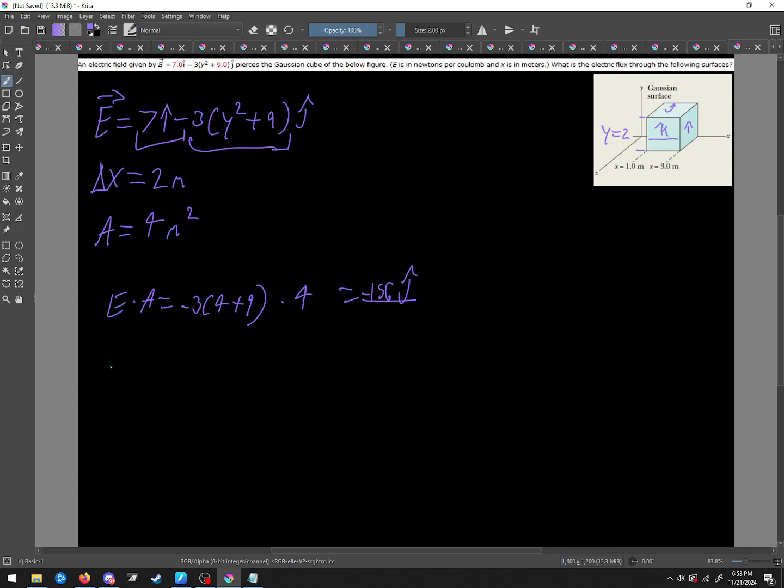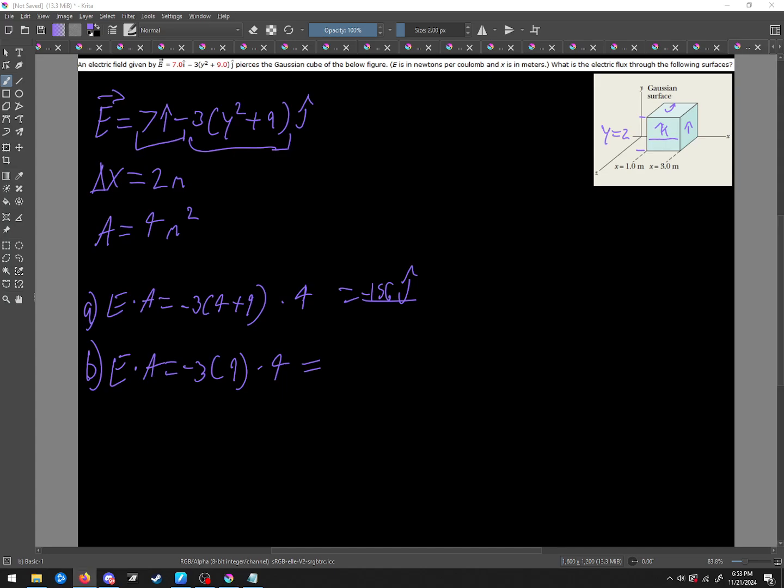That's the top face. Now it's asking for the bottom face, B. Well, E dot A is going to equal negative 3 times 9, because it's going to be 0y, times 4. So that should be negative 3 times 9 times 4, 108.